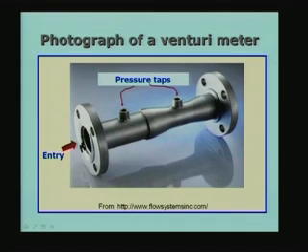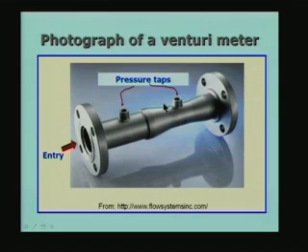You have the entry on the left side, the pressure tap is shown here, this is pressure tap number 1, this is pressure tap number 2, and there is a straight portion without change in area, in the middle of that. There are two flanges, one at the beginning, one at the other end, and this entire thing is placed in a small gap made in the pipeline for the flow measurement.